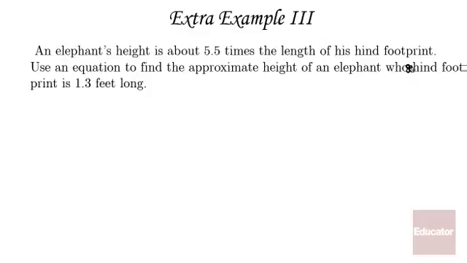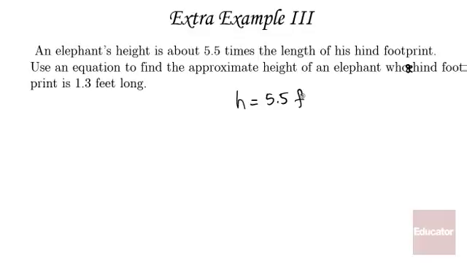So his back footprint times 5.5 is going to be how high he is. Use an equation to find the approximate height of an elephant whose hind footprint is 1.3. So his height equals 5.5 times his footprint. Call it F for footprint.